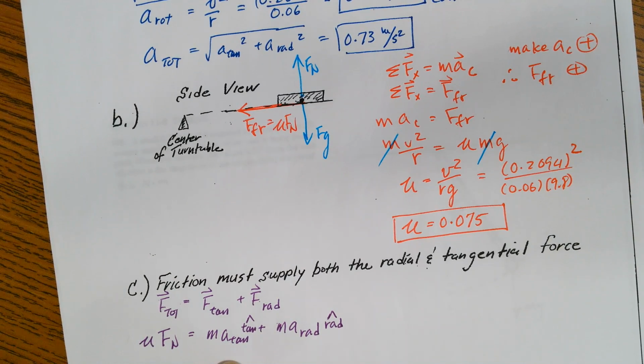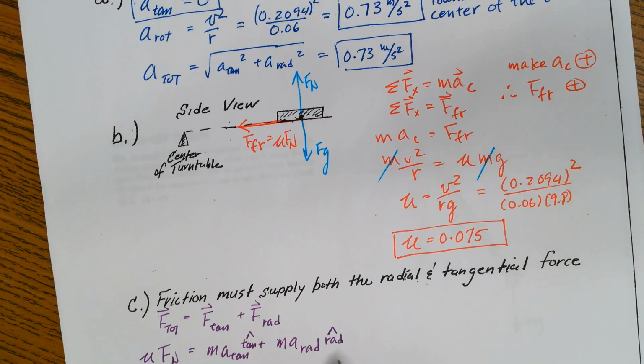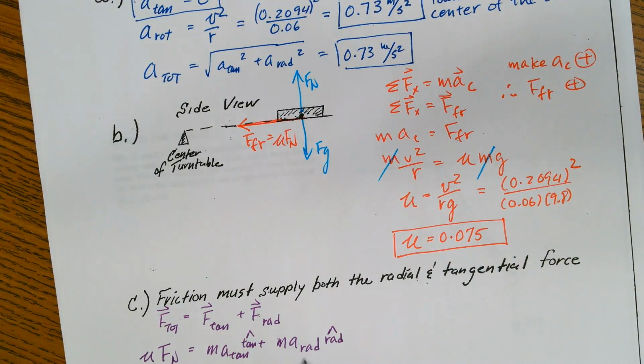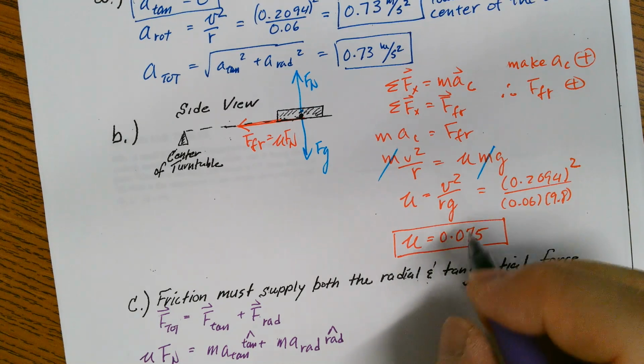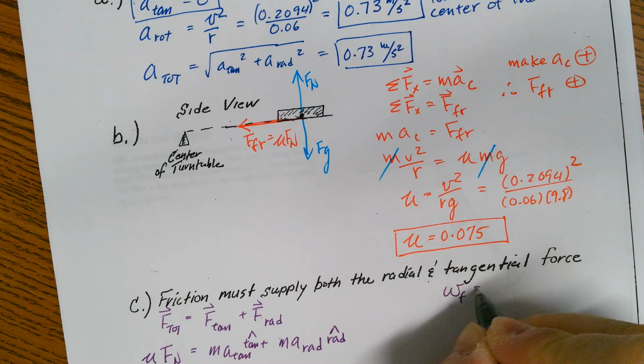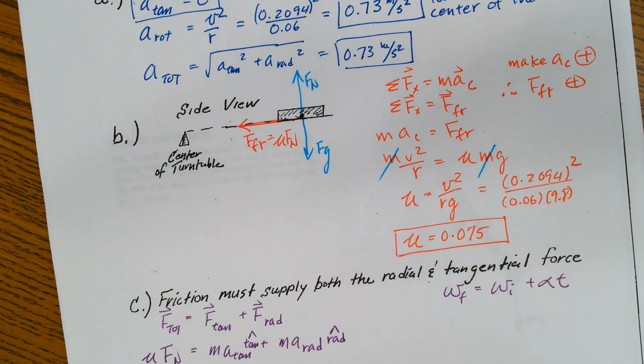So let's figure out what's going on. Radial, I think we already got it. We already know what the a radial is, right? It's v squared over r. Here, tangentially, we have to figure that out. So we know omega final is equal to omega initial plus alpha t.